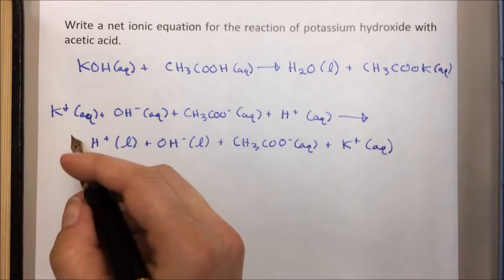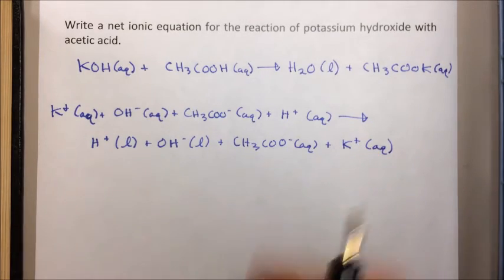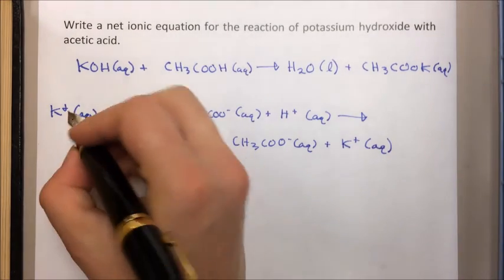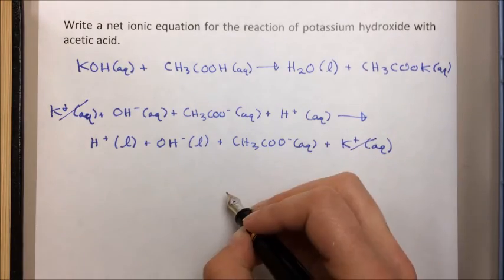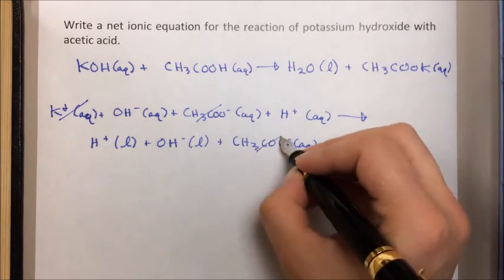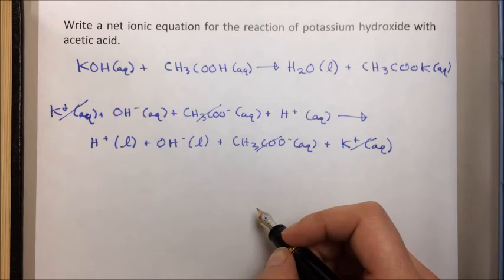Now we're just going to compare the ions on each side, and we're going to cross out the ones that don't change state. That'll be the potassium and the acetate. They stay aqueous on both the reactants and products side.